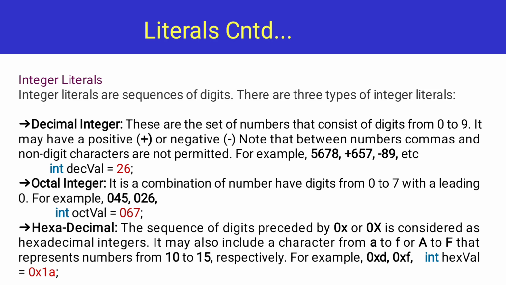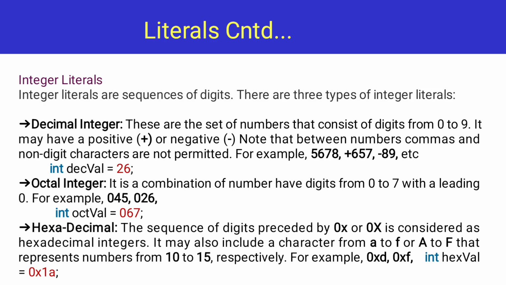Talking about decimal literals, what are decimal literals? They are a set of numbers that consist of digits from 0 to 9. They may be positive or negative. Note that commas and non-digit characters are not permitted between numbers. For example, 5678 or +657.